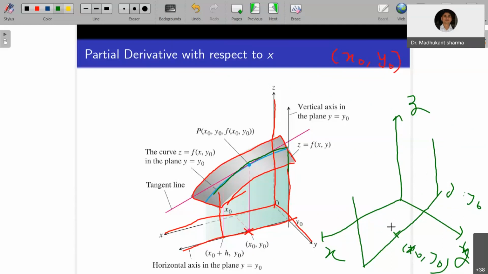You are stretching along the z-axis, and it will cut the surface along a line, or you can say a curve. This is the curve which is obtained. Along this curve, the y value is y naught, because y equals y naught is cutting the surface at this curve. So this is the curve z equals f of x comma y naught.